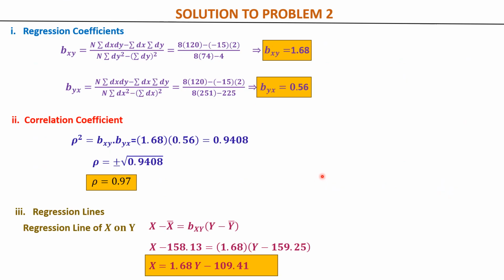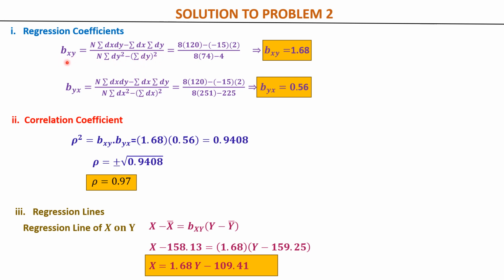For the assumed mean method, the regression coefficient bxy is equal to N, the number of observations, times sigma dx dy minus sigma dx into sigma dy. This is the numerator for the correlation coefficient also. But the denominator in the correlation coefficient has square roots, which are not there here.